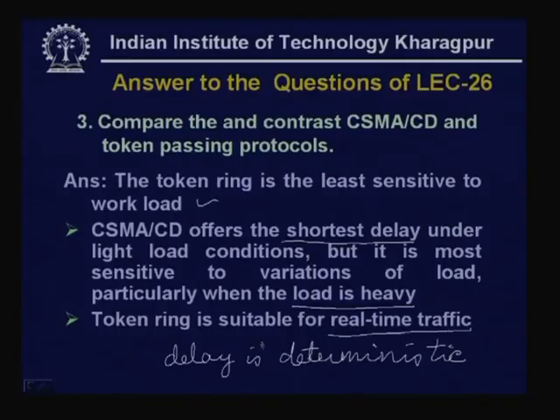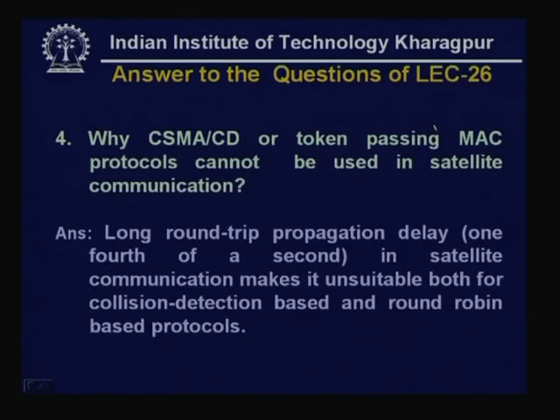That is why, because of the deterministic nature of token ring, it is suitable for real time traffic. On the other hand, for non real time traffic, under lightly loaded conditions, the CSMA/CD protocol is better.